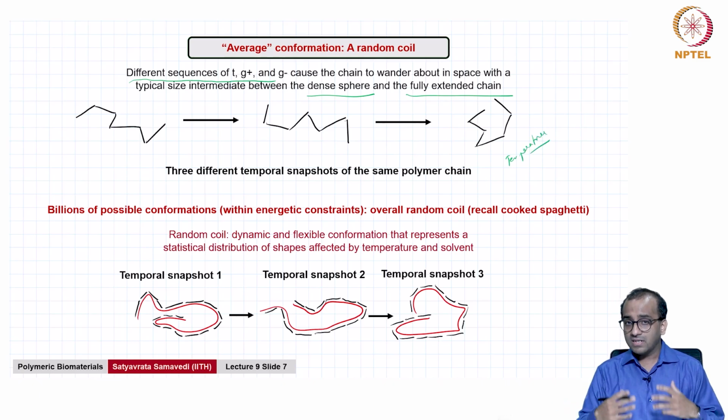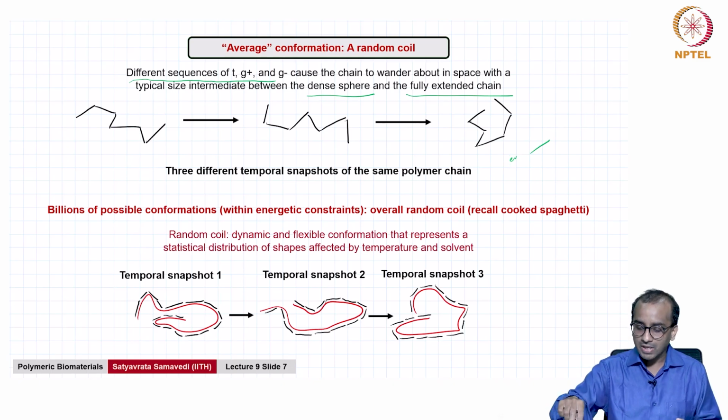If you have the melt state and you are increasing the temperature, you can now start to think about more gauche states being favored, and it is a bit counterintuitive, because with increase in temperature you start to think that everything increases. So, you would think this becomes longer. Actually the opposite happens, where with increases in temperature more gauche states are favored, so the chain starts to become more flexible and the overall size starts to go down. That is a very interesting aspect in polymers.